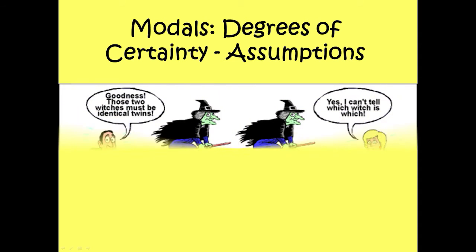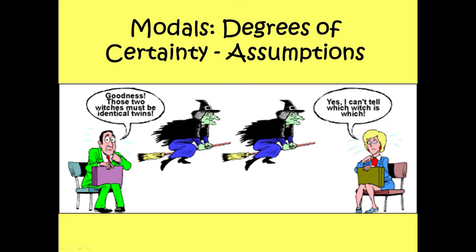Look at this very funny picture or situation. A man and a woman are talking. The man says, "Goodness, these two witches must be identical twins." Now, must be, he's certain, because he cannot differentiate between them. They must be identical twins. The lady also says, "Yes, I can't tell which is which."